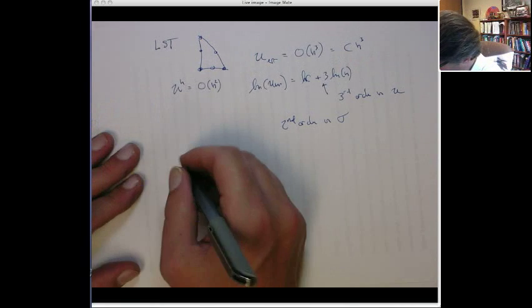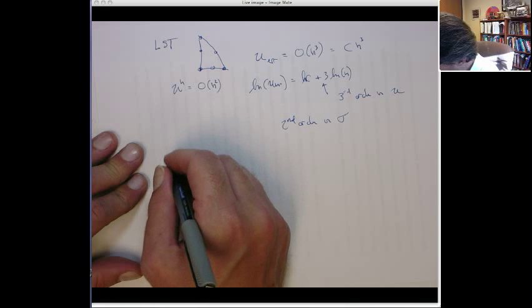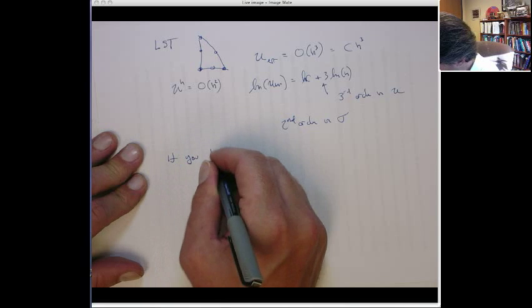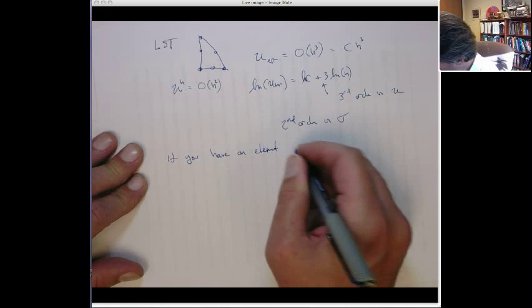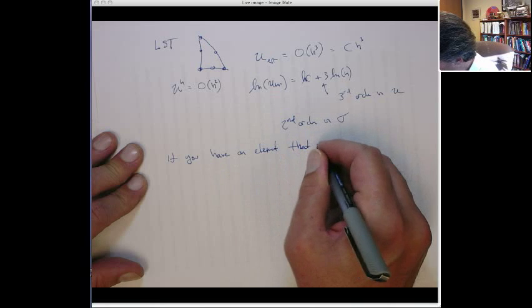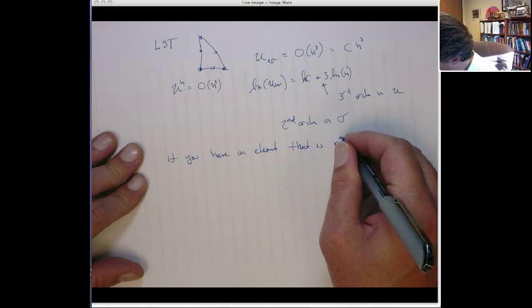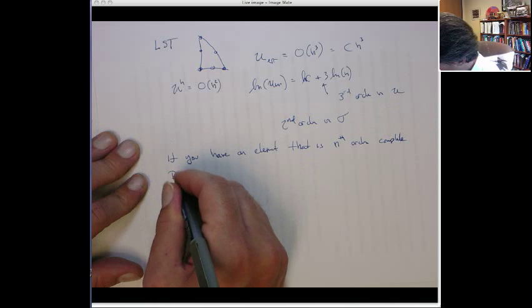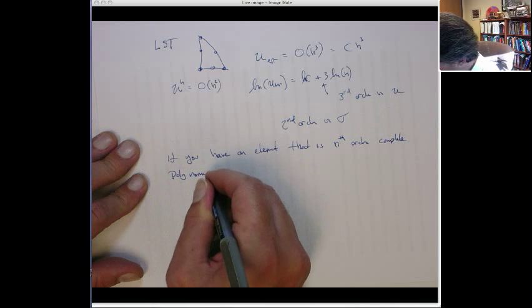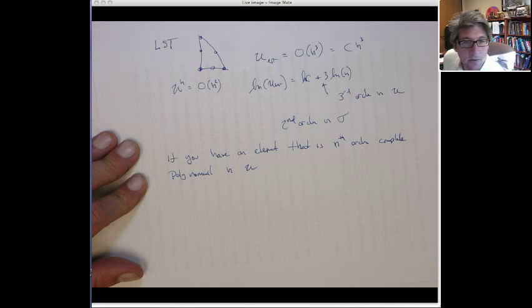So, basically, if you have an element that is an nth order complete polynomial in the field that approximates U, right?